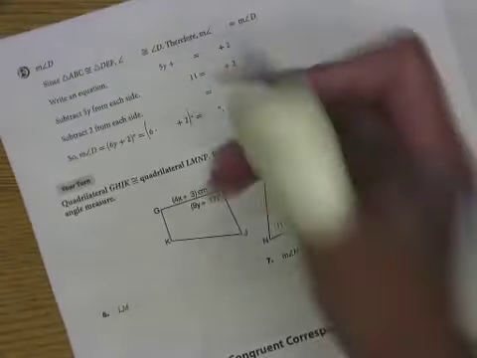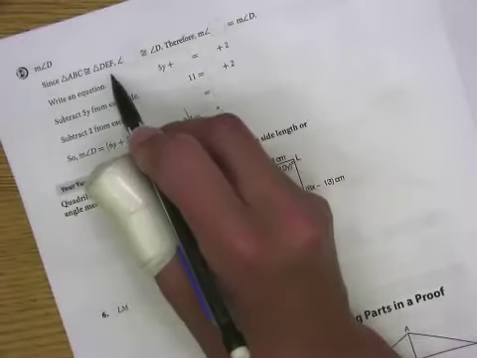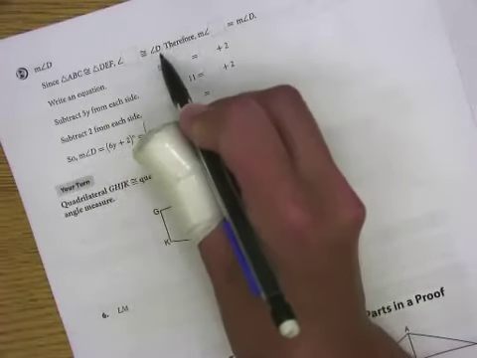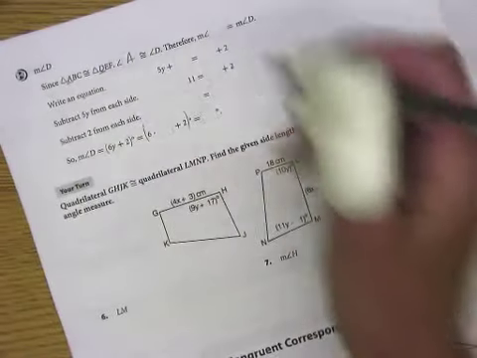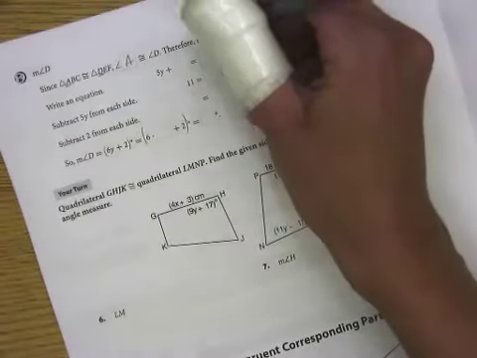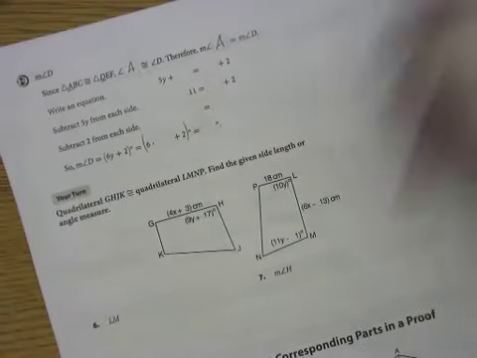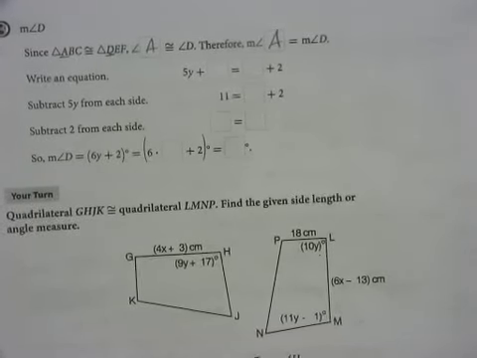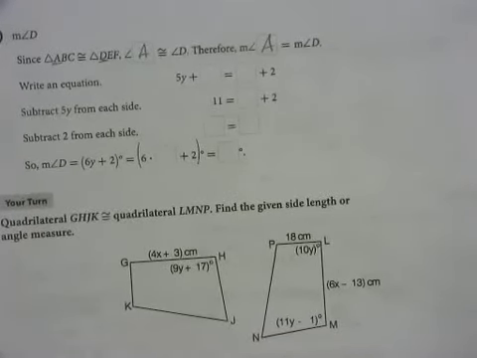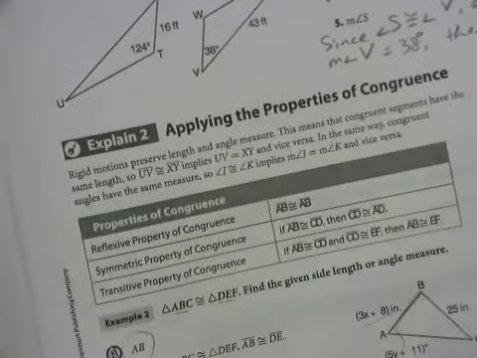In part B, again, since we know that these triangles are congruent, what angle is going to be congruent to angle D? Well, angle D is the first letter of this triangle, so I know it's got to be angle A. Therefore, the measure of angle A will equal the measure of angle D. So write an equation, and we have to kind of flip back and forth between our pages. 5y plus something.